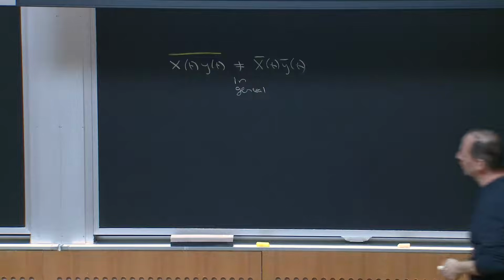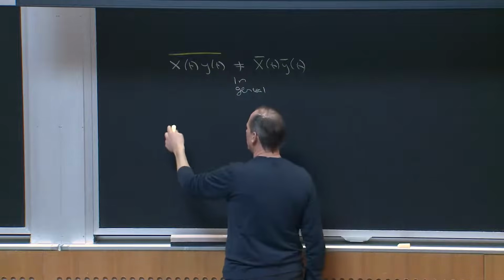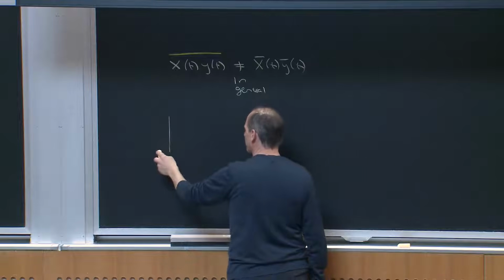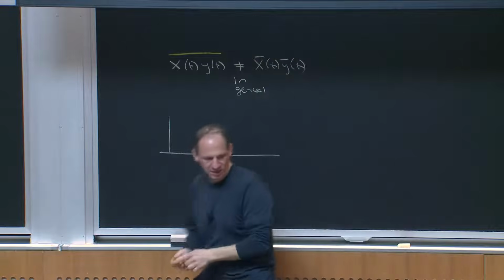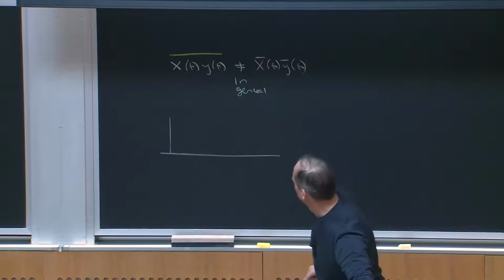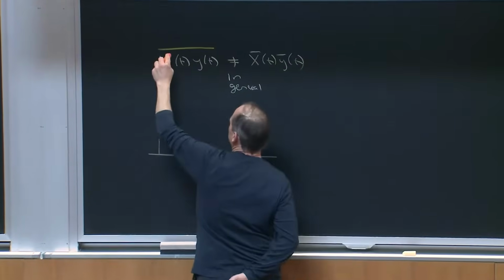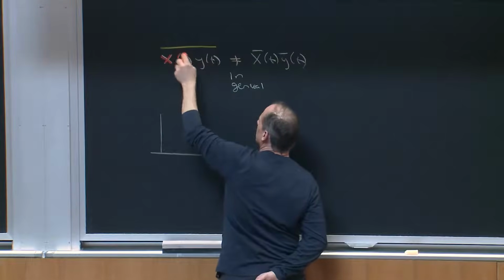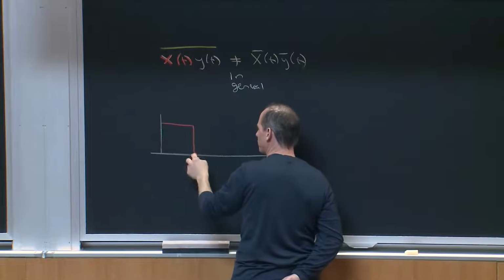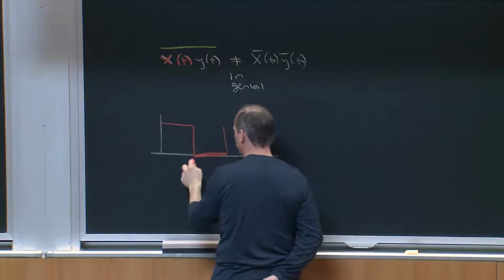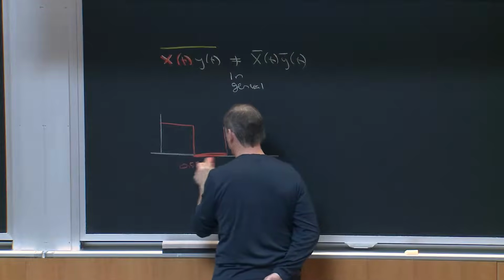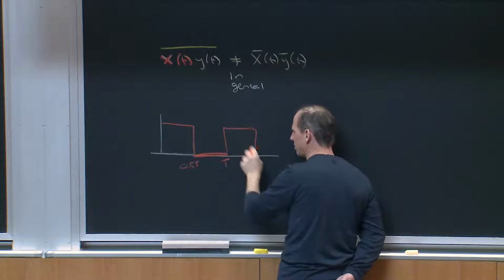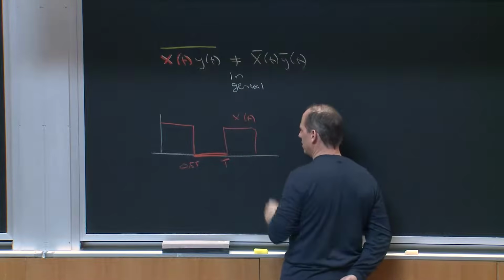Suppose I had two signals that were like this. Here's x of t. Suppose x of t is just a 50% duty ratio square wave like this. Here's 0.5 t, here's t. This is x of t, right?